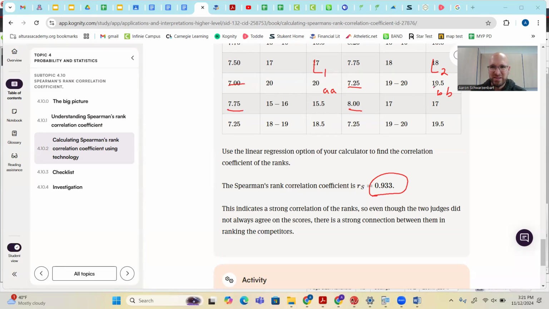This one ranked tied for 20th, this one ranked 20th, or tied for 19th. This one ranked 17th, this one ranked 18th. Okay, so I see a lot of correlation between them. And Spearman's rank correlation is simply a way to assess how closely these ranks line up.